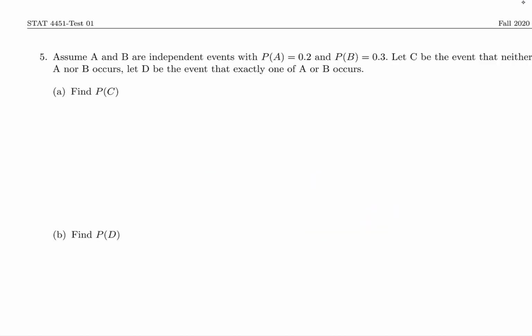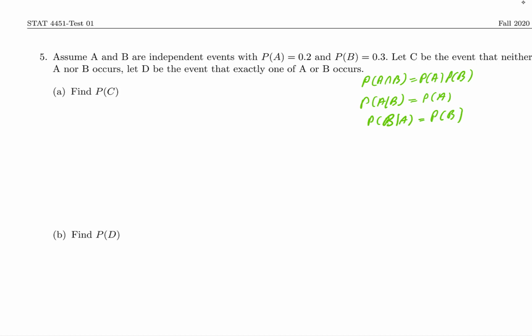Next one, assume A and B are independent events. If A and B are independent, we can write probability of A and B equals probability of A times probability of B. Or we can write probability of A given B equals probability of A, or probability of B given A equals probability of B. You can use any of these three.